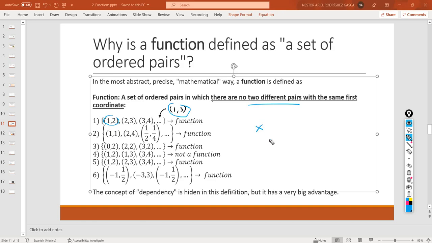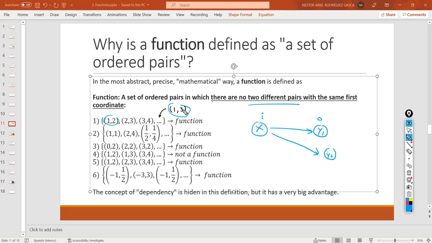For every single input x, there must be just one output. Only one, not two possible outputs. You see, if I had this pair contained in here, I would be saying that for the input 1 in x, I can have both the number 2 as output and also the number 3.